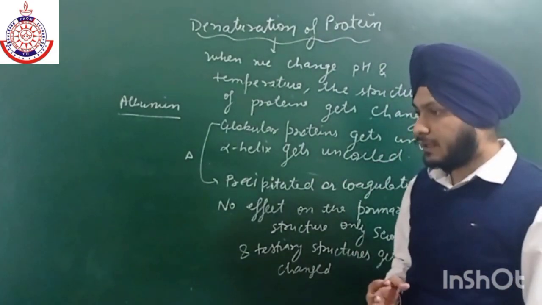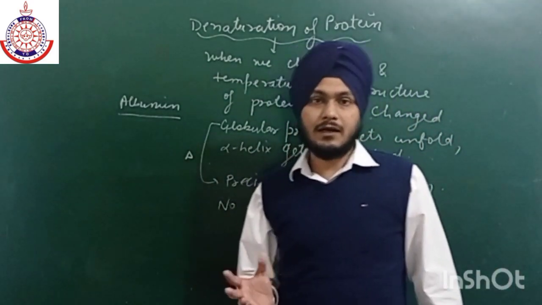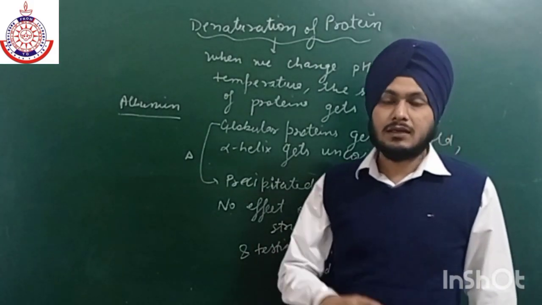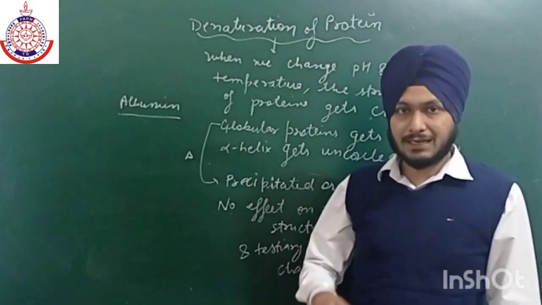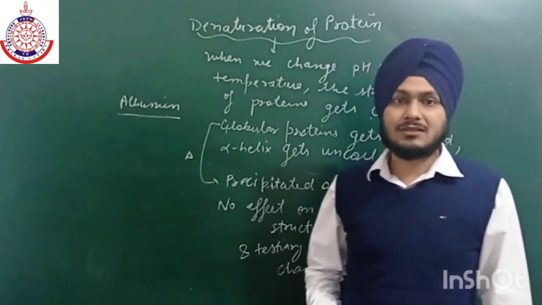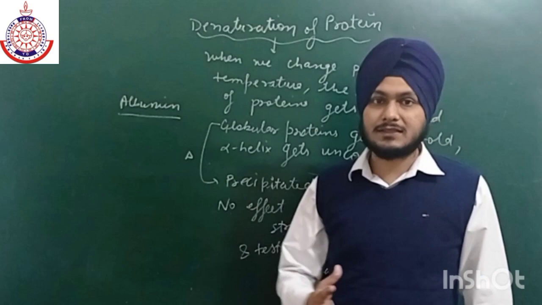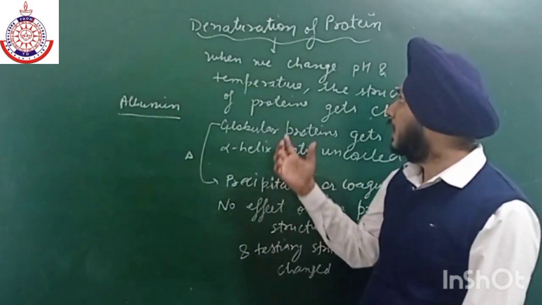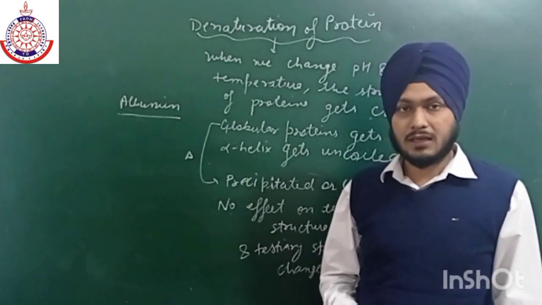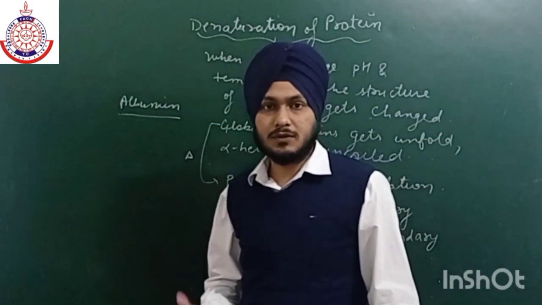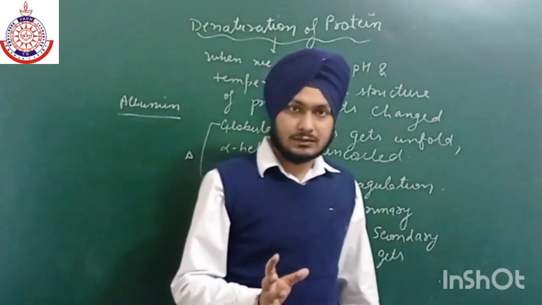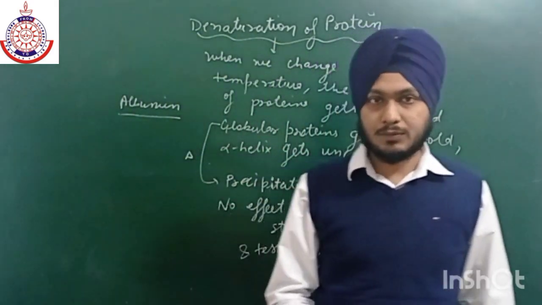But if we do the reverse step, or get back to the initial temperature or pH value, there may be a chance of a reversible reaction taking place, and then renaturation takes place. The structure of protein will get back to its initial position.